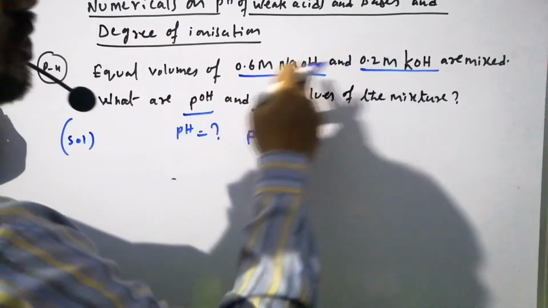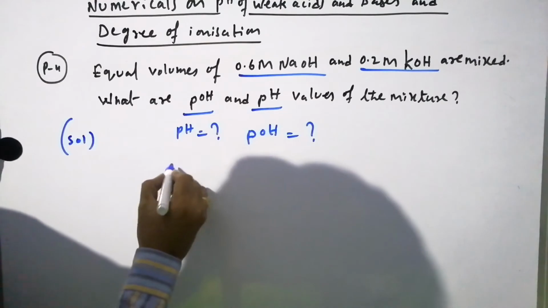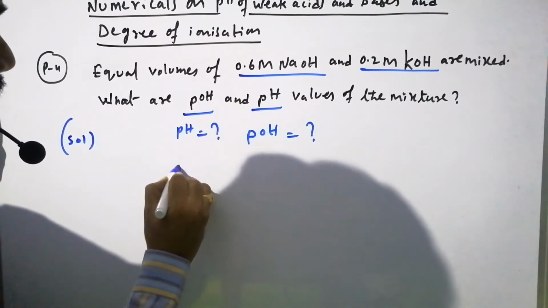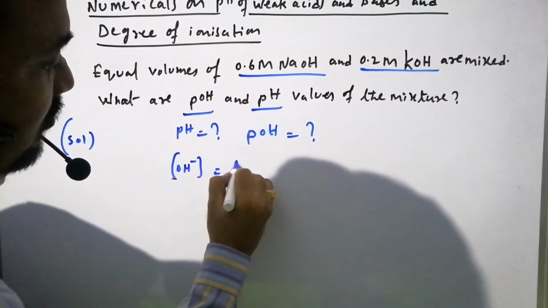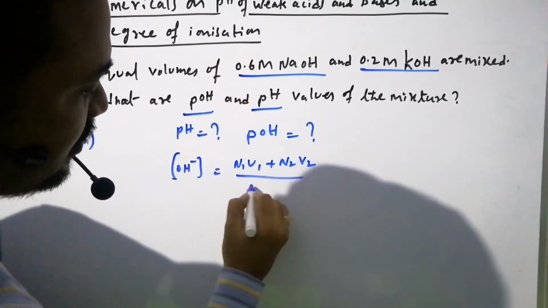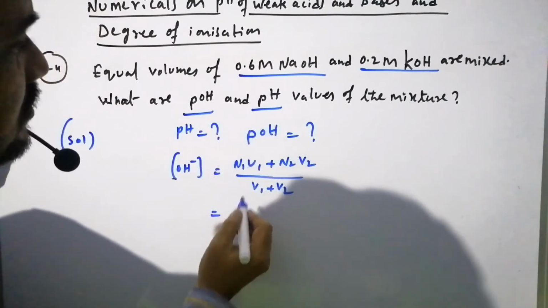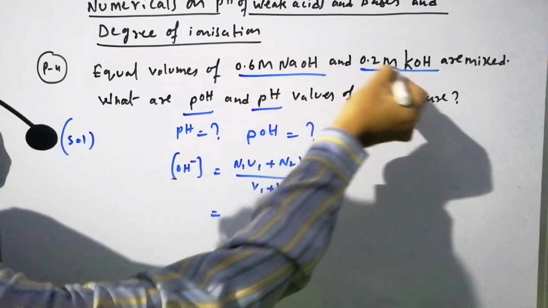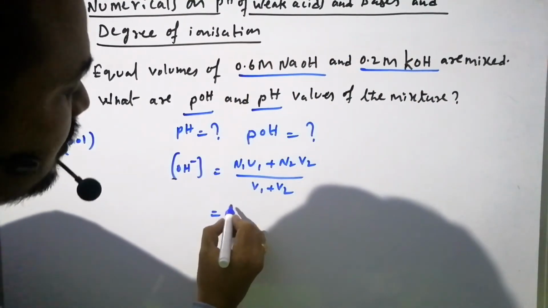Mixing of the same solute, that means NaOH, KOH, strong bases, alkalis, the resulting normality, that means OH minus concentration, is equal to N1V1 plus N2V2 by total volume V1 plus V2. Here this is a monoacidic base, this is also a monoacidic base, so molarity and normality are the same.